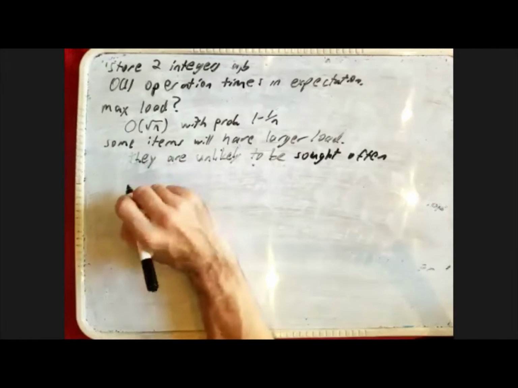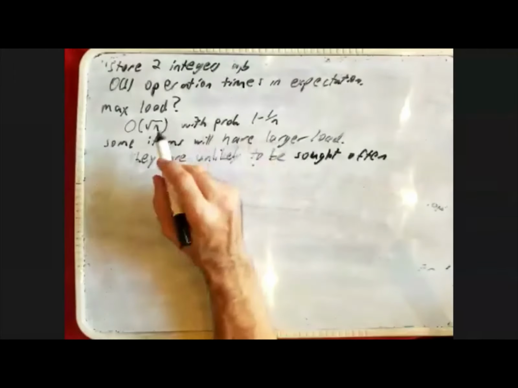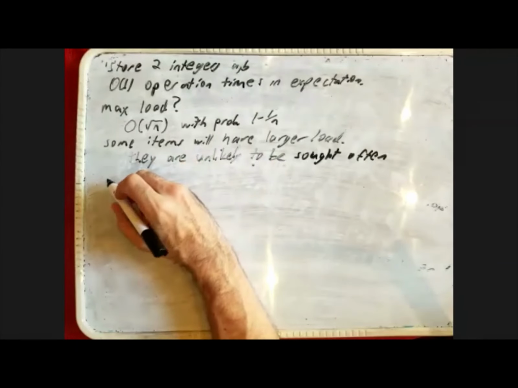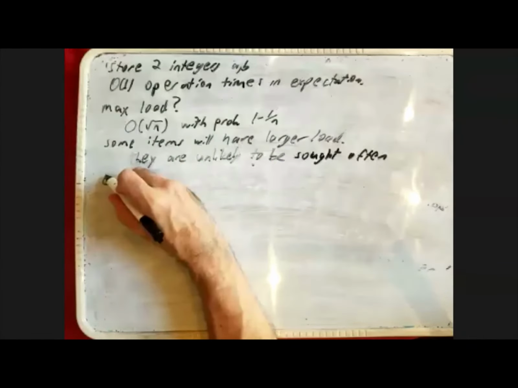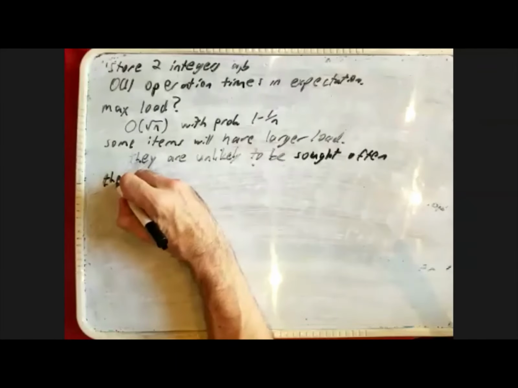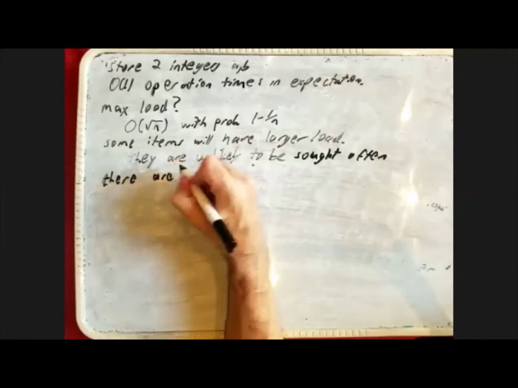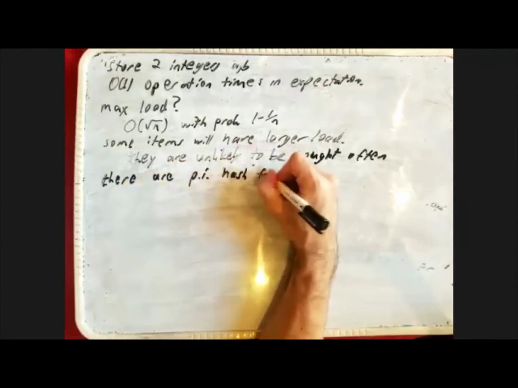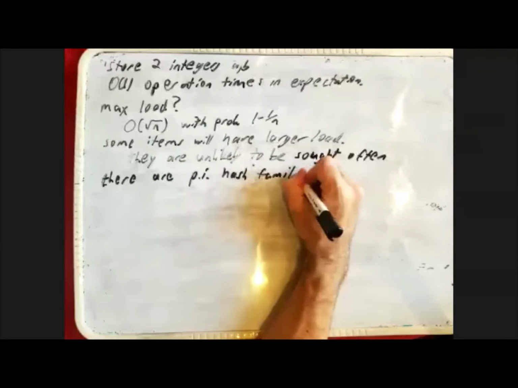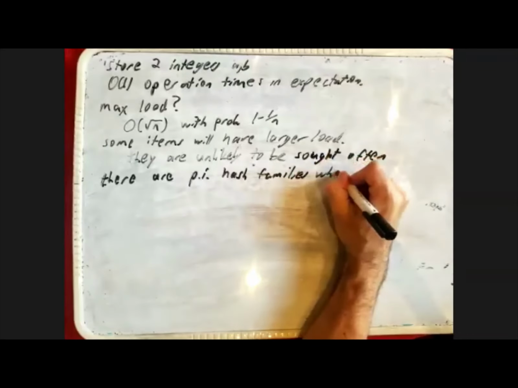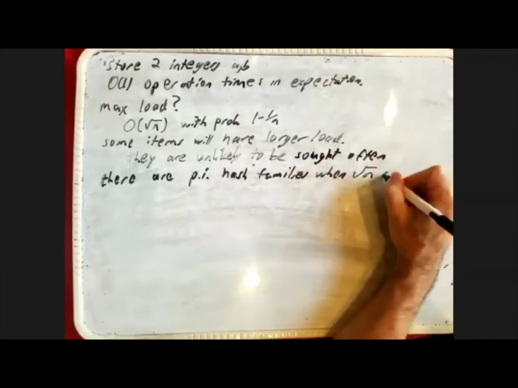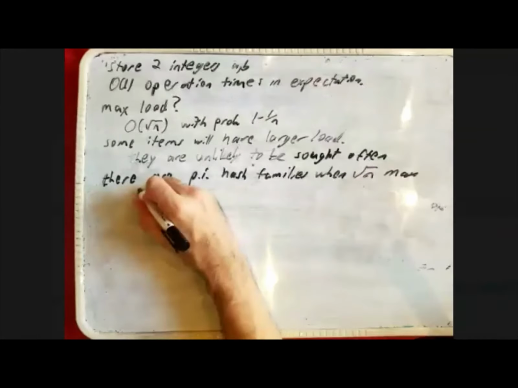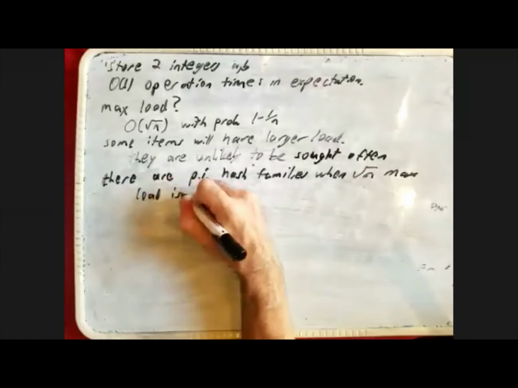Sort of interesting little side note for the more theoretically inclined among you. Some theoreticians have proven that there do in fact exist pairwise independent hash families where this root n max load is very likely.